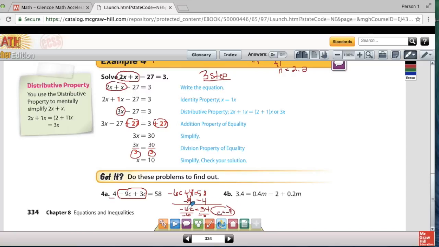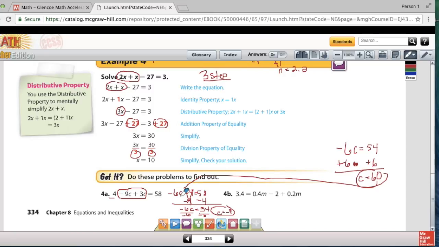Common mistake here. I'm going to write this one off to the side. Negative 6c equals 54. See, a lot of students do plus 6 plus 6, and they say c equals 60. Well, all you have to do is come back and plug it into the answer to see if it works. So let's put 60 in for c over here.